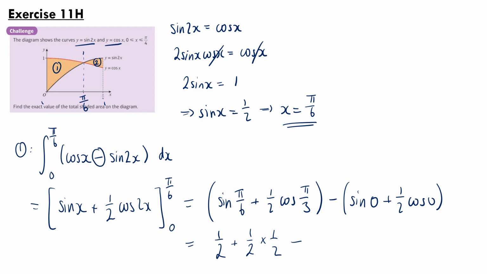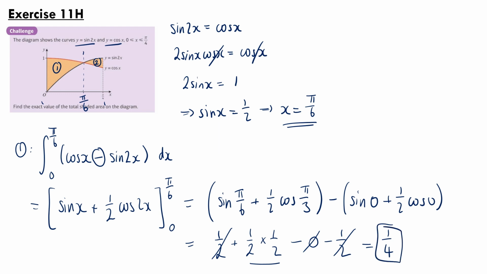Then we're taking away sine 0, which is 0, and a half of cos 0 is just a half. So we get a half plus a quarter, minus 0 minus a half. These halves cancel, the 0 doesn't make any difference, so we're left with a quarter. So the area of 1 is a quarter.